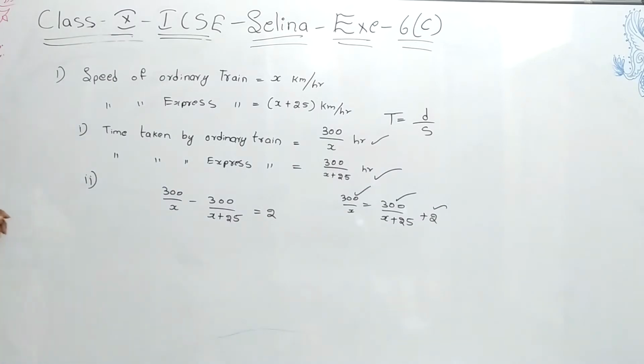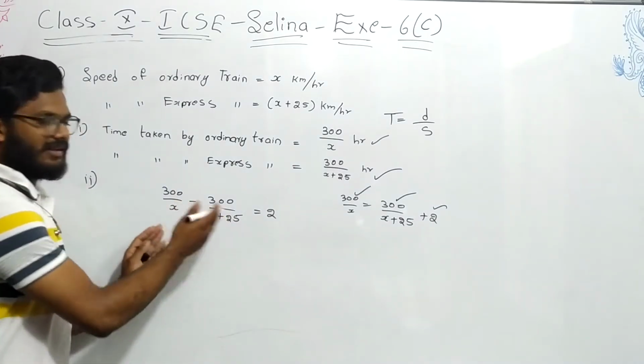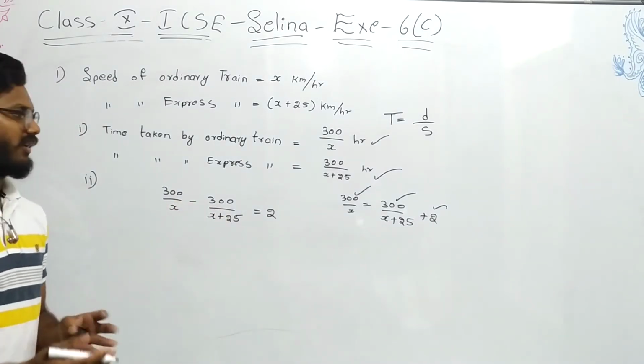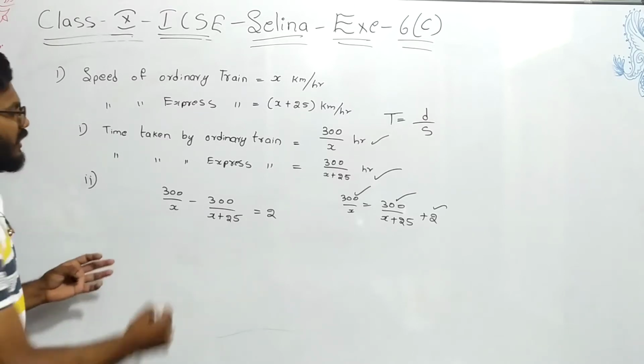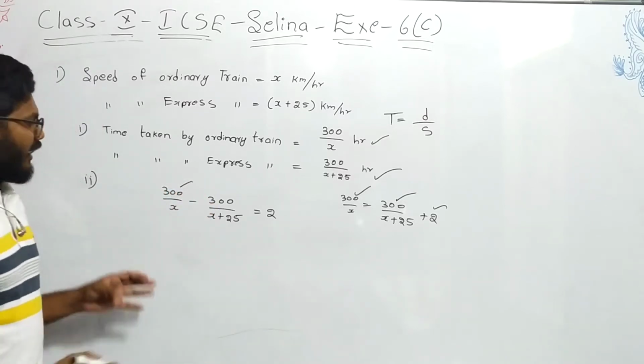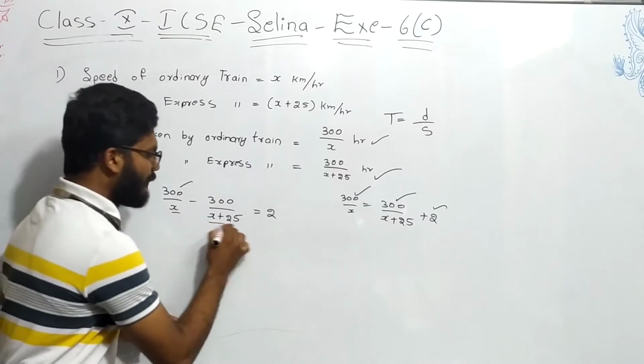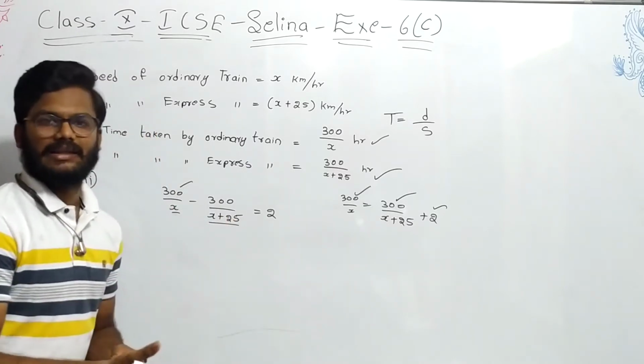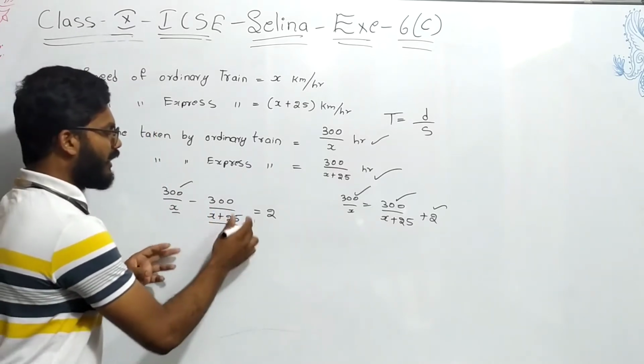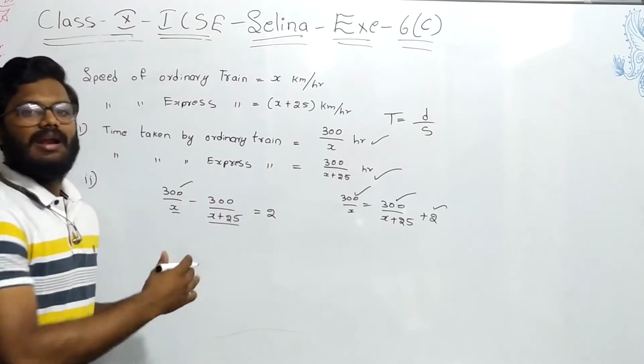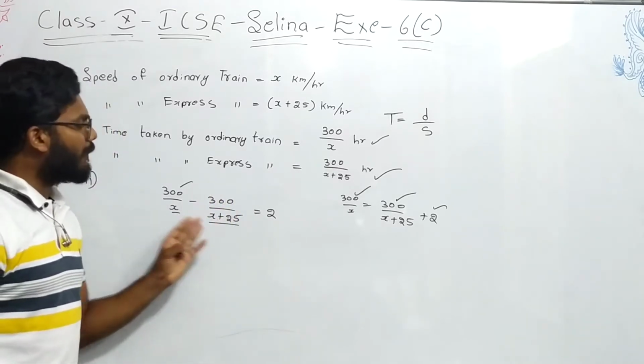Or else, if you want to write the difference, how do we check whether I wrote it correctly or not? See, 300 by x. x is a number and x plus 25 is bigger than that. So if the denominator is bigger, this value is less than this value. So it is a positive number.